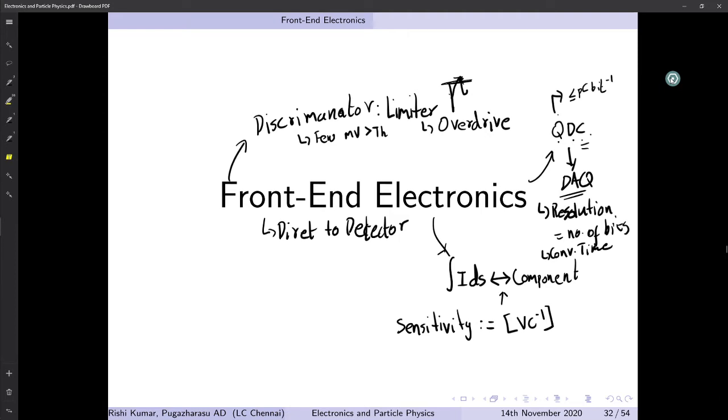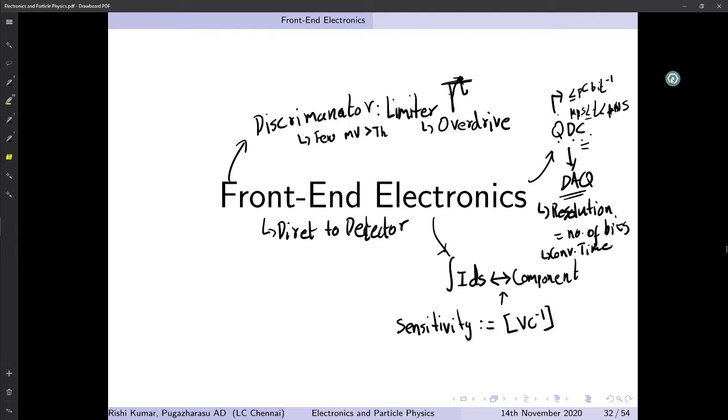And the conversion time can range from nanoseconds to microseconds. I'm sorry, nanoseconds here and microseconds here, or the other way. Sorry.